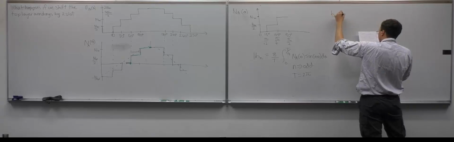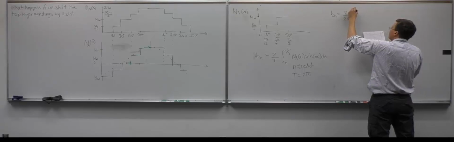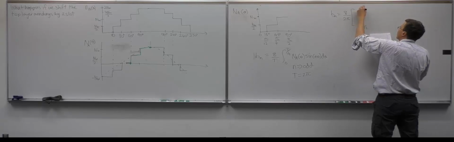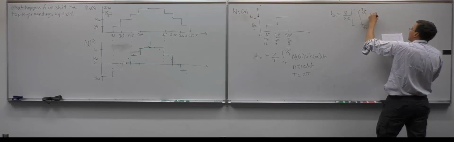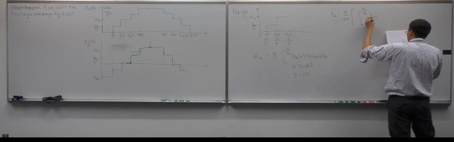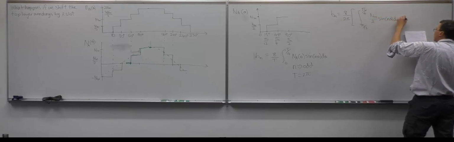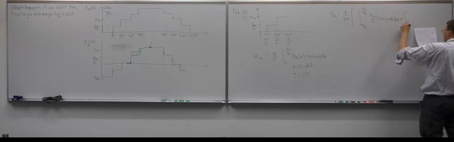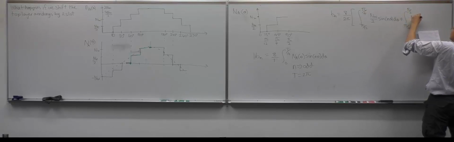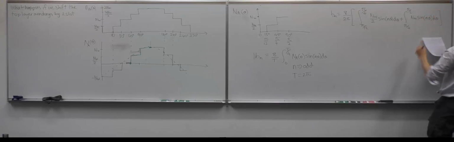So we have Bn is equal to 8 over 2 pi, and then we evaluate from pi over 12 to pi over 4, and so we have NW over 2 sine n theta d theta plus pi over 4 to pi over 2, NW sine n theta d theta, like that.